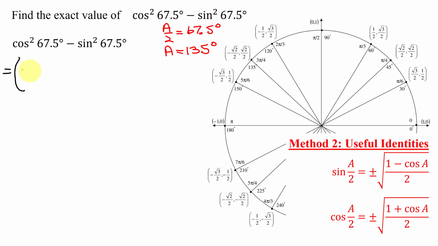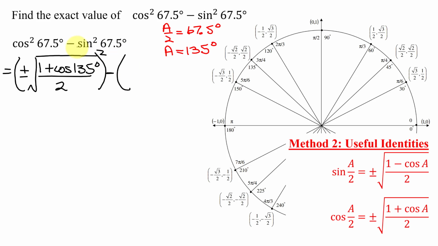And then I have plus or minus the square root of 1 plus the cosine of A. Well, A in this case is 135 degrees, all divided by 2. And remember, I'm squaring that, minus sine squared 67.5 degrees.